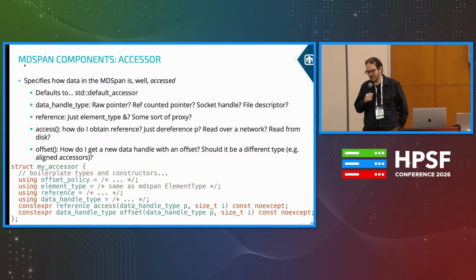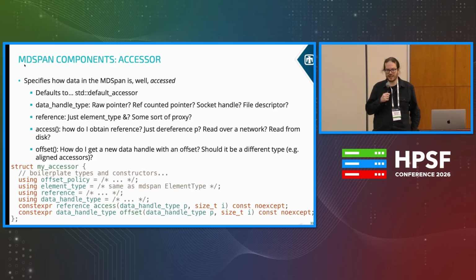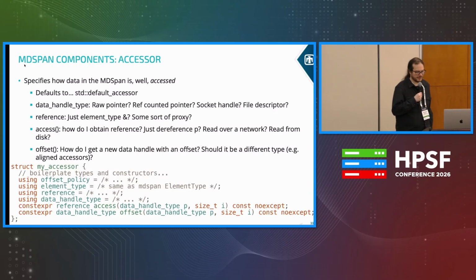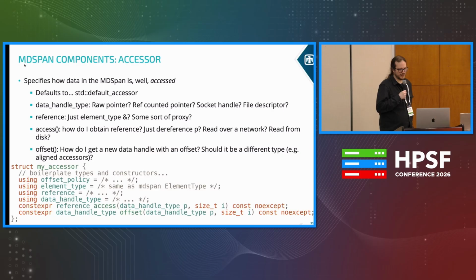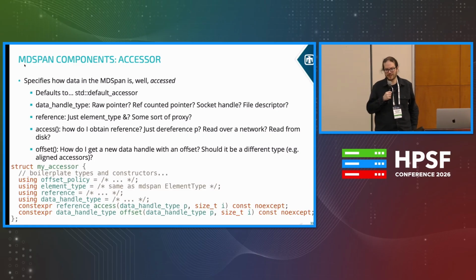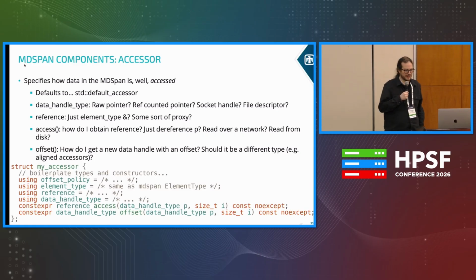One of them is the data handle type. If you're using a default accessor, this is going to be the pointer to your data buffer. But this could be something a little bit fancier. It could maybe be a reference counted pointer. It could be a handle to a network socket. It could even be a file descriptor.